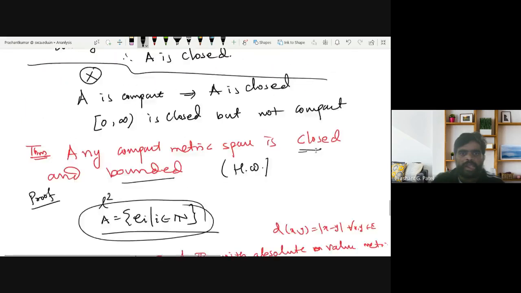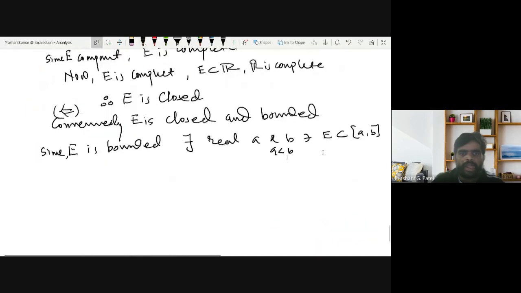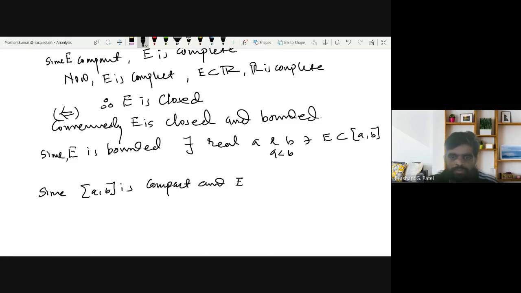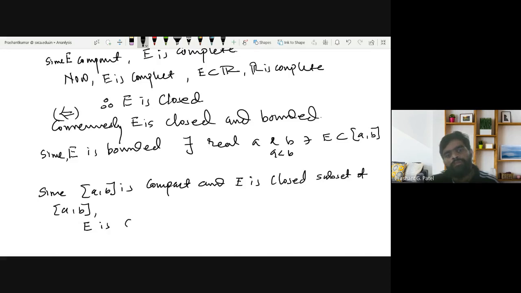Since the closed interval [a,b] is compact and E is a closed subset of the closed interval [a,b], therefore E is compact.